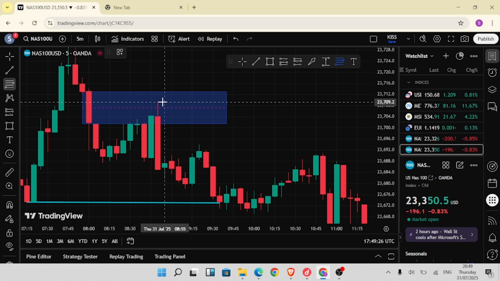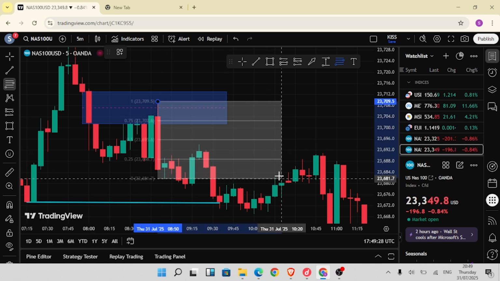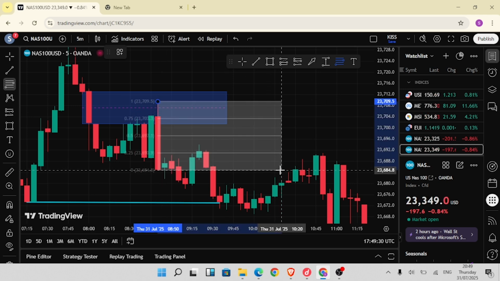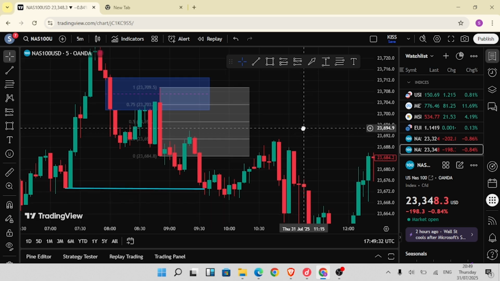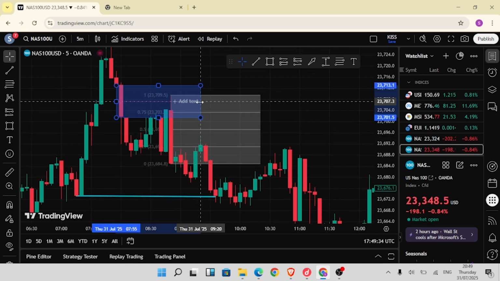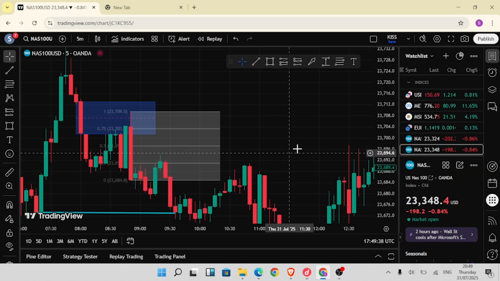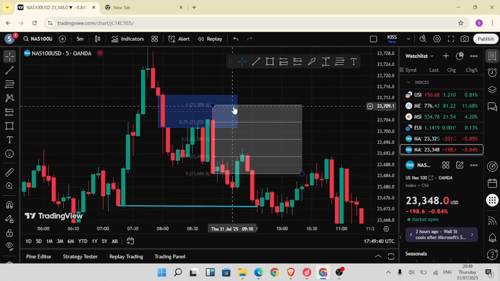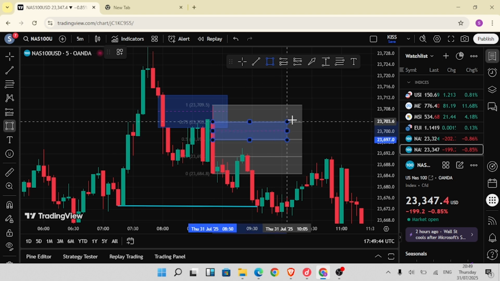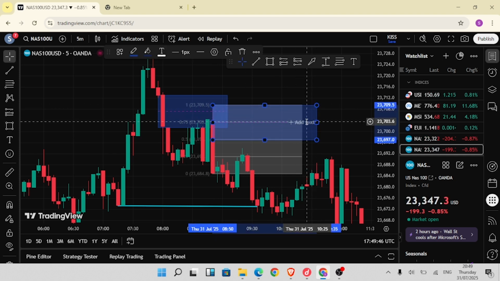So we drop from the high of this candle to the low of this candle. So this gives us our lower time frame dealing range, right there. So this becomes my 5-minute premium.